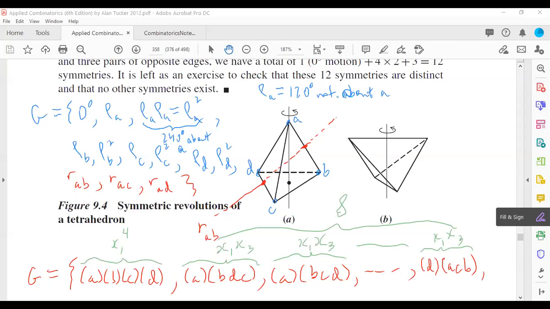And then what about R of AB? Somebody help me out here. Cassie, you in here? Yes. So what about R of AB?